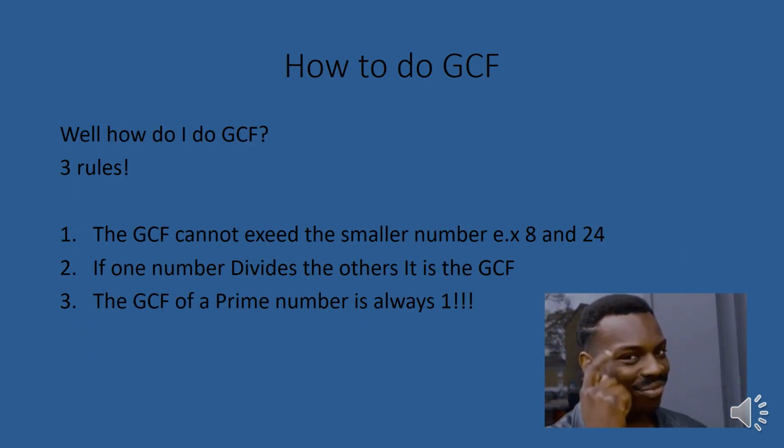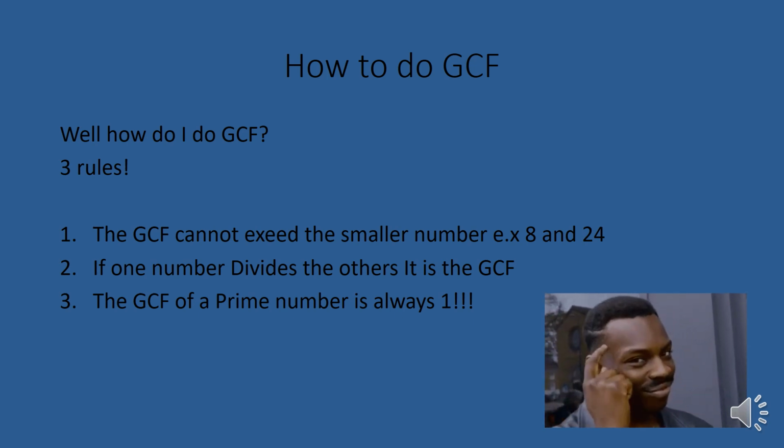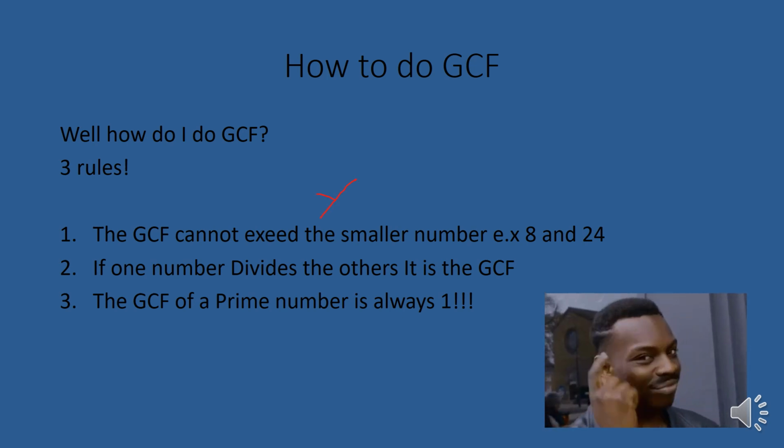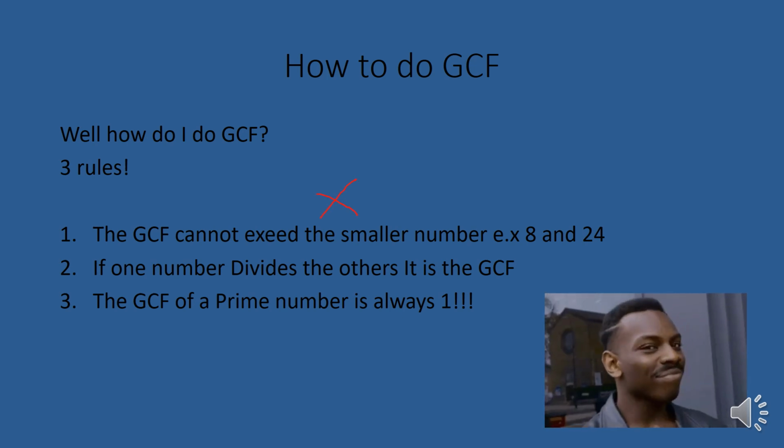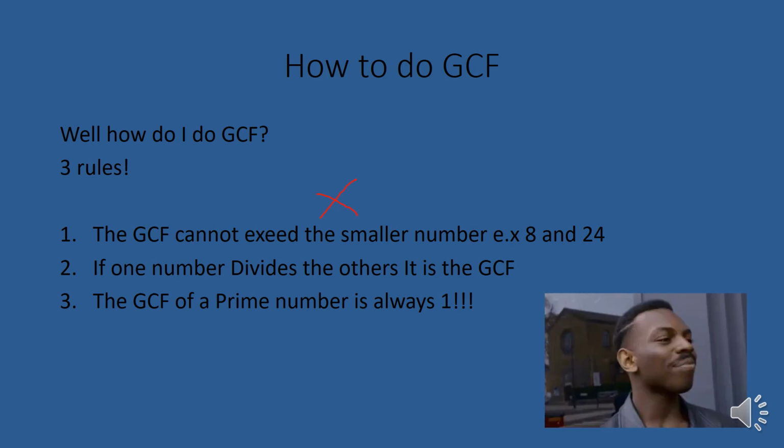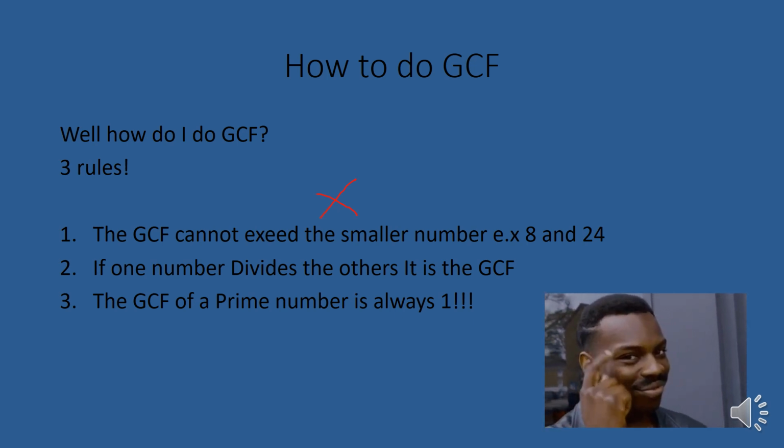Now, how do we get the GCF? I just explained, but here are some quick rules so we can do it faster. The greatest common factor cannot exceed the smallest number in the pair. So let's say it's 8 and 24. You cannot pass 8. The greatest common factor cannot be past that.